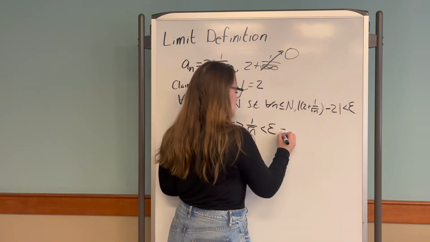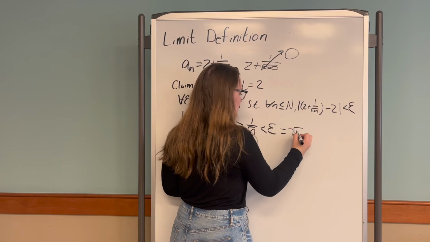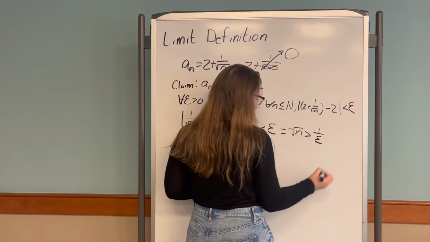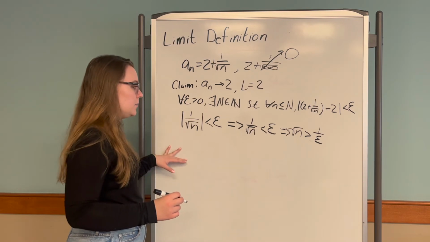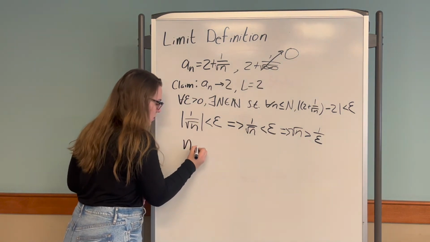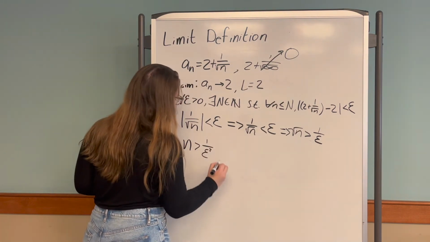So this then becomes square root of n greater than 1 over epsilon. And then finally, we can square both sides, and finally get n greater than 1 over epsilon squared.